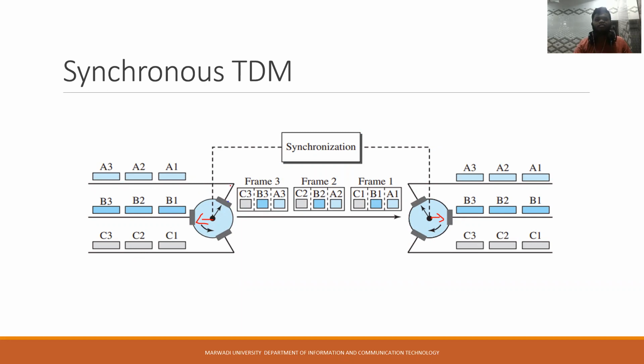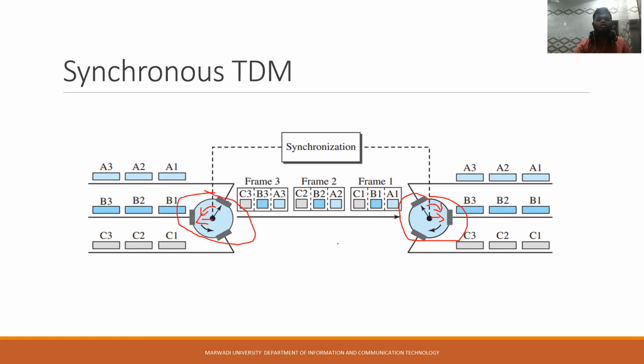Whenever we are having n number of connections on this side, we would have n number of connections on this side too. We are having 3 connections here, so we are having 3 connections here. As you can see, this switch is going in a clockwise direction, and this one is going in an anti-clockwise direction.